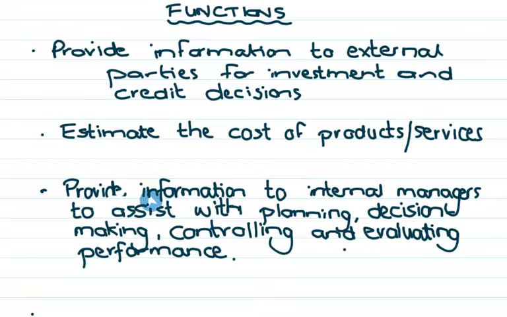And then to provide information to the internal managers to assist with planning, decision making, controlling, and evaluating performance. So cost accounting has really more to do with estimating the cost, determining the cost, and providing information for planning, controlling, and decision-making purposes.